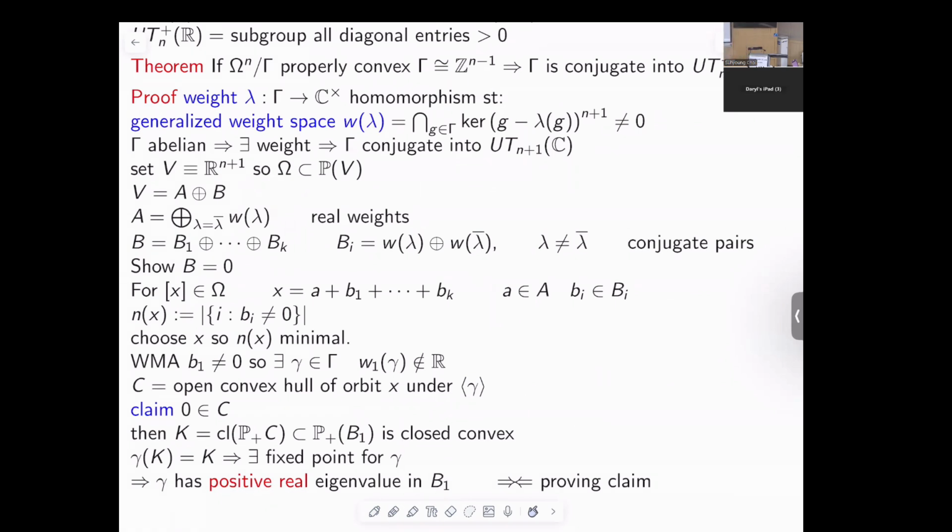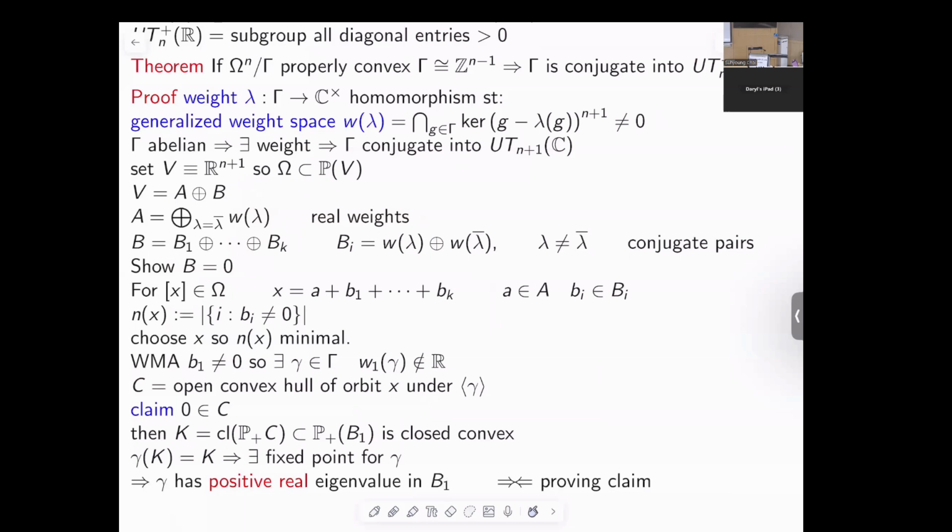So we'll work in the projectivization of R^(n+1). R^(n+1) is some vector space, and this vector space can be decomposed as a direct sum of generalized weight spaces. So we can take the generalized weight spaces where the weights are real, and the generalized weight spaces where the weights aren't real.